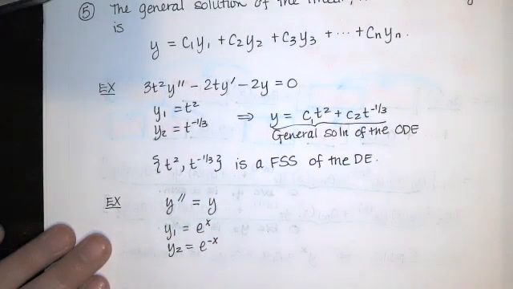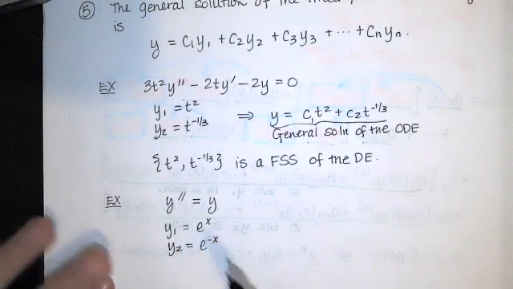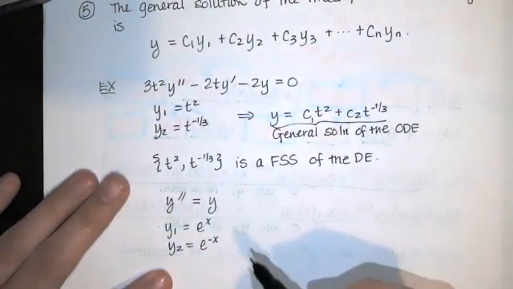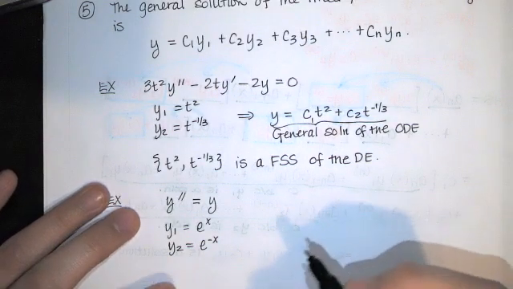And e to the negative x also works: the derivative of e to the negative x is negative e to the negative x, and the second derivative is a negative e to the negative x. The two negatives cancel and we just get e to the negative x back. So this is a solution and this is a solution, and it's a second order equation. It turns out that these are linearly independent, which we'll talk about in the next video.